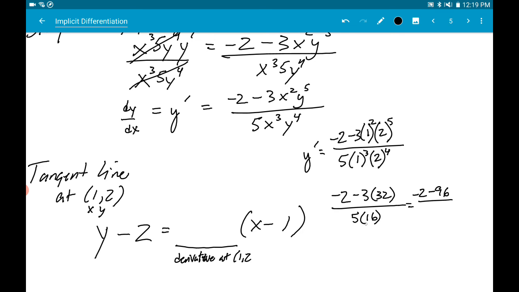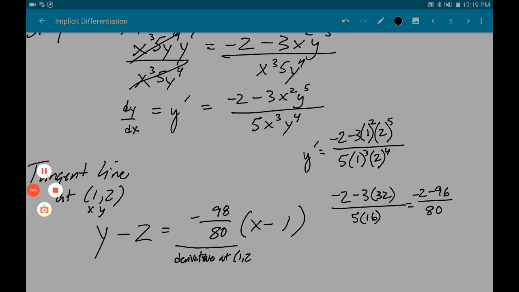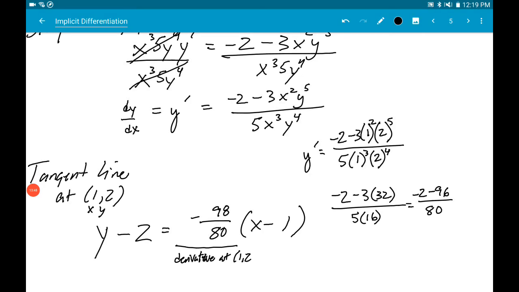And then we've got 5 plus, is that 80, I hope? So I got negative 98 over 80. You can simplify that or something, but that is the slope of the tangent line at 1, 2. So final equation of the tangent line is written there for us to see.